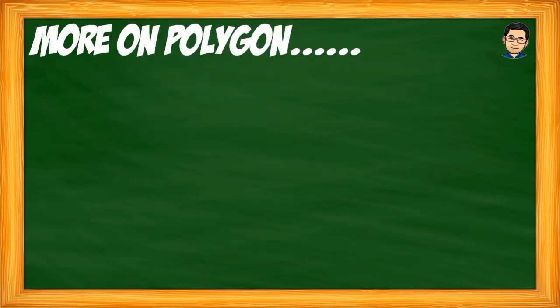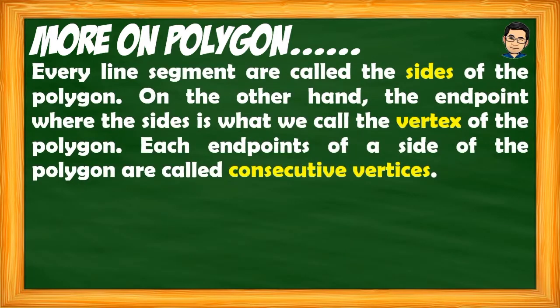More on polygon po tayo. Every line segment is called a side of the polygon. On the other hand, the endpoint where the sides meet is what we call the vertex of the polygon. Each endpoints of a side of the polygon are called consecutive vertices. Malalaman natin na sides yun ng polygon kung line segment yun, and then kailangan magkakadugtong sila.